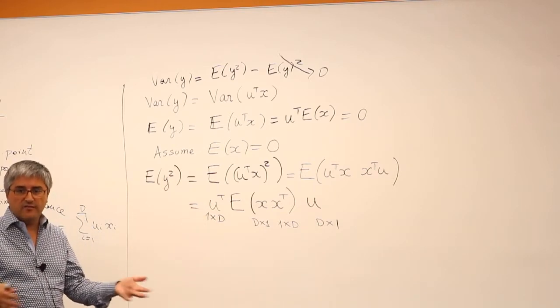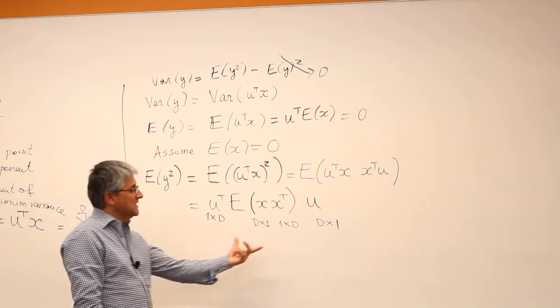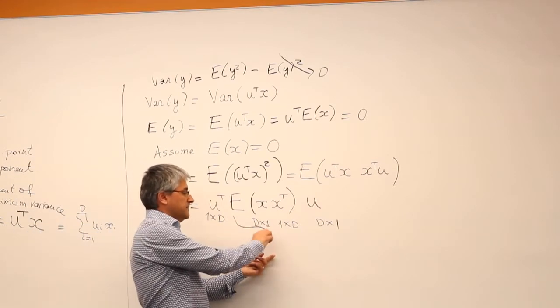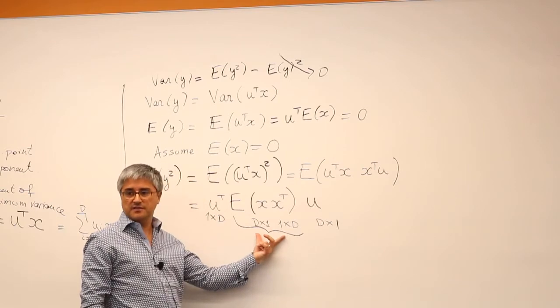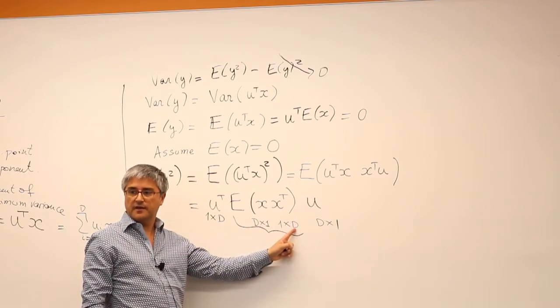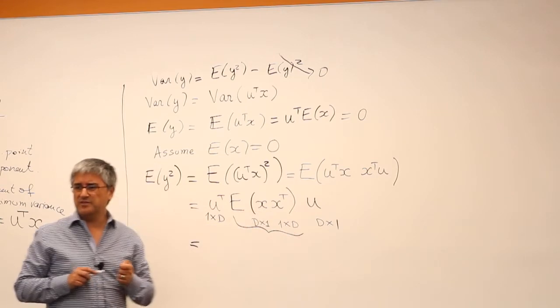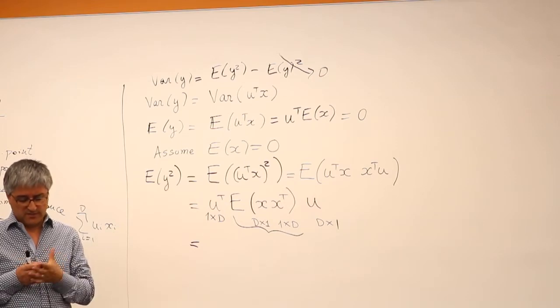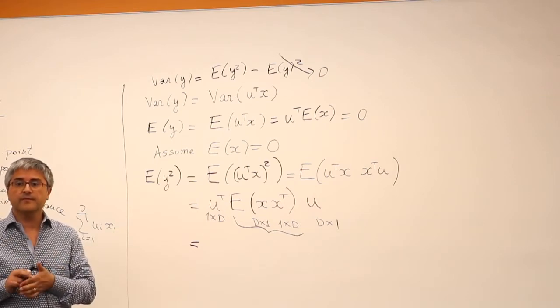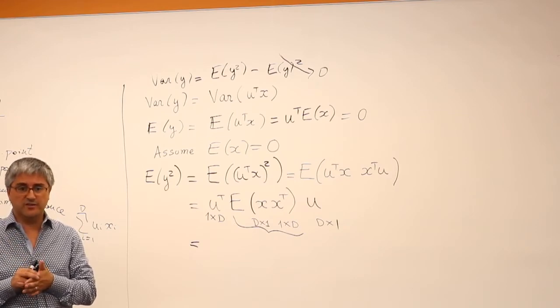It's just the variance of one variable. But in between here, I get some matrix, d by d. Can anyone tell me what that matrix is? What is the expected value of x times x transpose? The variance? Covariance. Covariance matrix.